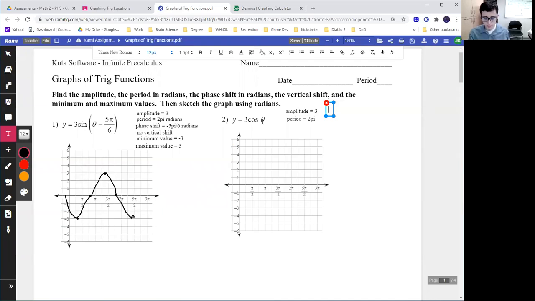So that means not only is there not a phase shift, but the period wasn't affected either. So the phase shift is none. Vertical shift, again, this one doesn't have anything being added or subtracted, so there's none. And then the maximum and minimum values are going to be 3 and -3.